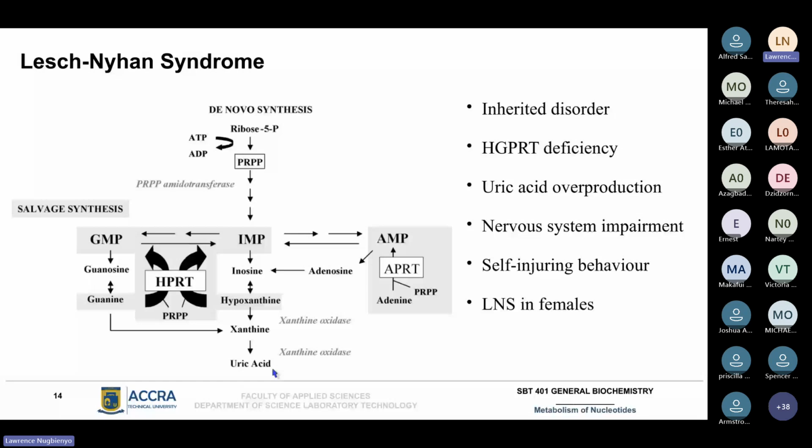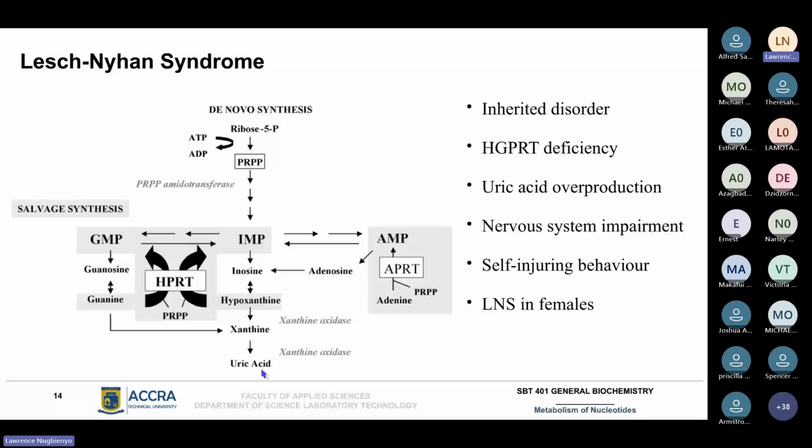But in males, it's severe, such that persons that have the deficiency of this enzyme and such an accumulation of uric acid in their systems will have nervous system impairment, resulting in mental retardation and some aggressive behavior. And also such persons have an urge to bite their fingers.